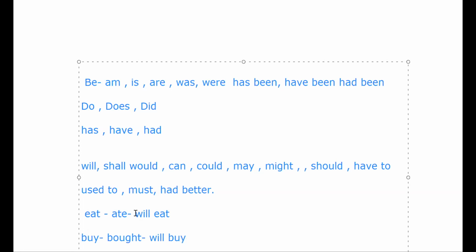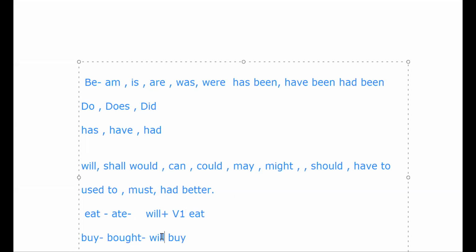Now, what I'm trying to say is in English, there is no separate verb which indicates future form. I have a separate form of the verb to indicate past, but to indicate future, I have to take the help of these modal verbs. Will, shall is old usage, but will plus V1.